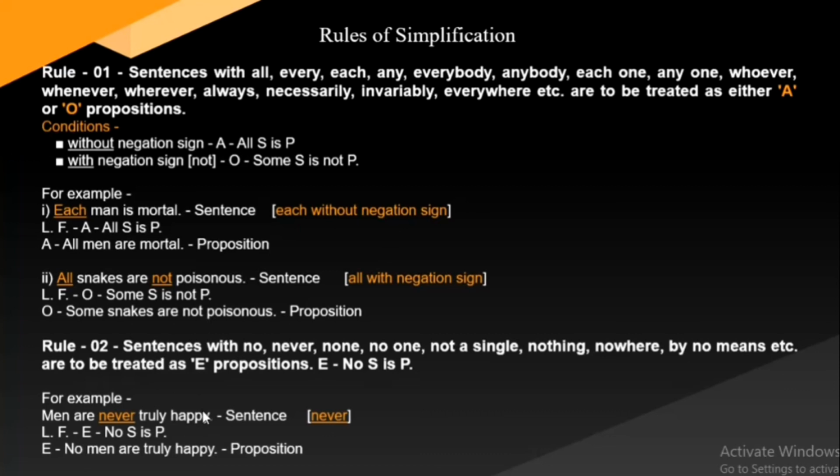This sentence will be treated as an E proposition. Logical form E, no S is P: no men are truly happy. So, a sentence with a word of rule 2 is to be treated as an E proposition.